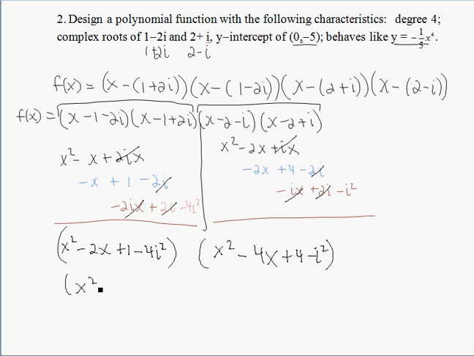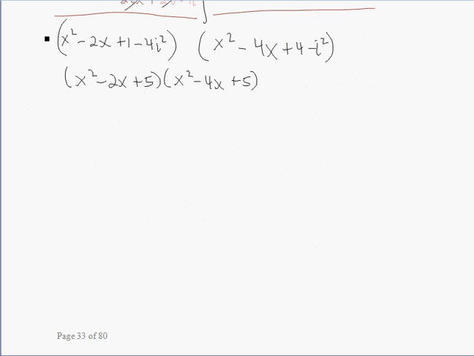So this gives me x squared minus 2x, and this is -4i squared, so that's plus 4, so that's plus 5. And x squared minus 4x, and this is +1, so that's plus 5. So now we need to multiply these two together. Okay, so x squared times these three, -2x times these three terms, and 5 times these three.